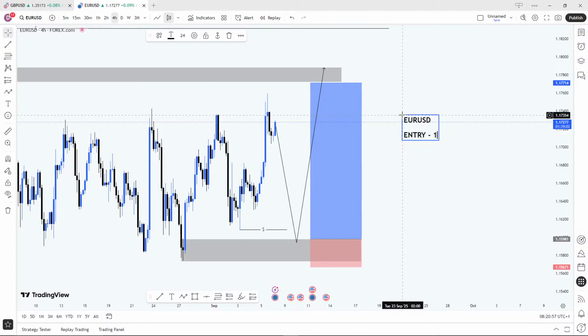So the entry is about 1.15981. Then the SL is about 1.15671. So this trade is about 31 pips SL.